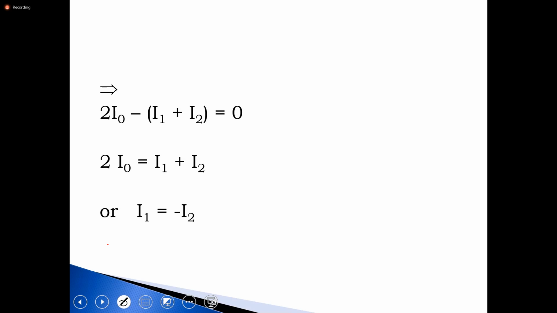If those are the conditions, what can we say about the two networks for those conditions to be true? V1 equal V2 and I1 equal minus I2. How are the networks connected?